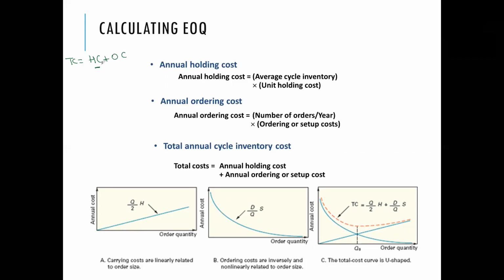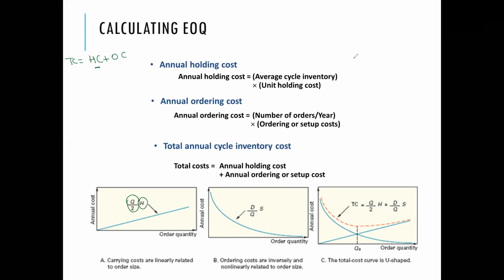Now, holding cost is over here, right? Holding cost is directly proportional to how much you hold. The average amount of inventory in a cycle is Q by 2, and H is the cost of holding 1 unit of stock.